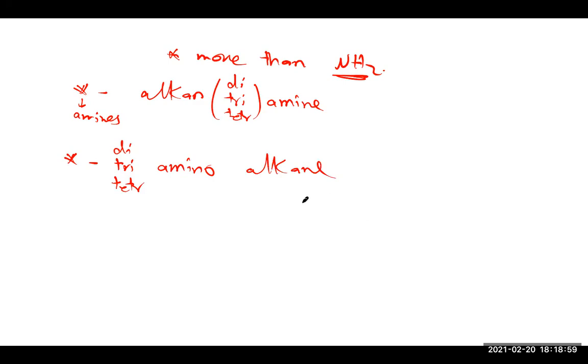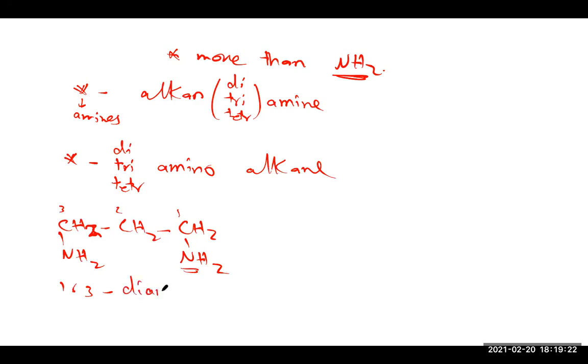And both are right. Let's take CH2, NH2, CH2, CH2, and NH2. If you want to name this one, it will be 1, 2, 3. So we have amines at 1 and 3. So it will be 1,3, and we can do diamino, and the chain is 3, so it will be propane. Or 1,3-propane diamine.